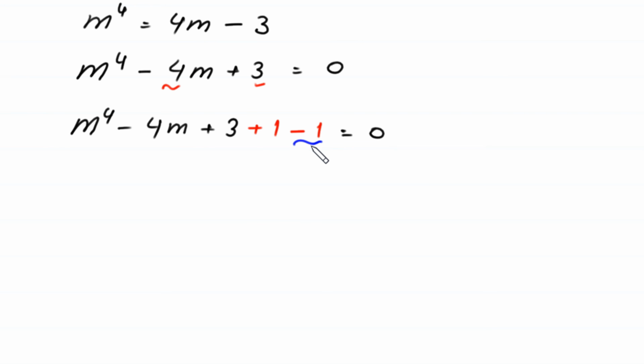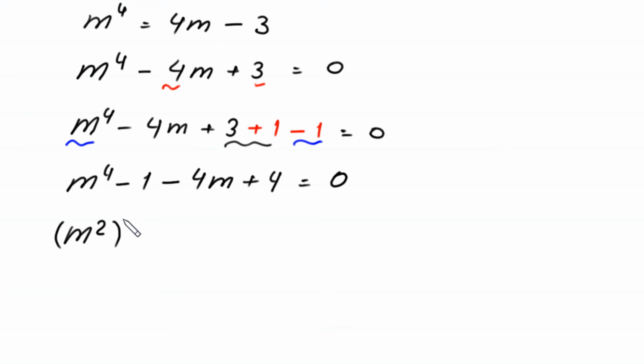Now we write this negative 1 with this m^4: m^4 - 1, and this negative 4m, and this 3 plus 1 will become plus 4 is equal to 0. Now this m^4 is same as (m^2)^2, minus this 1 is same as 1^2, minus 4m plus 4 is equal to 0.